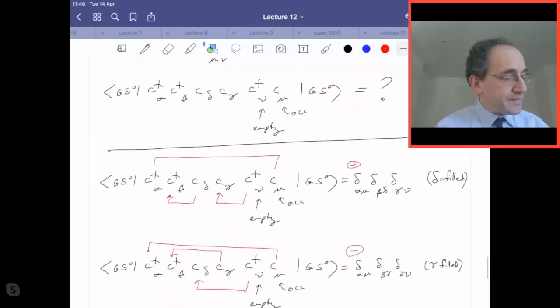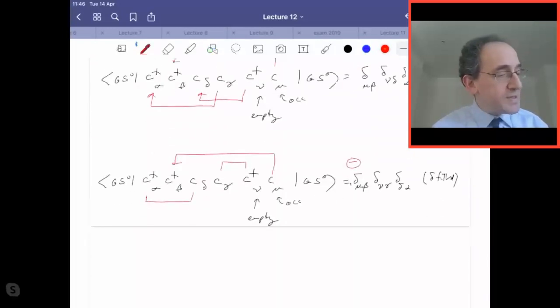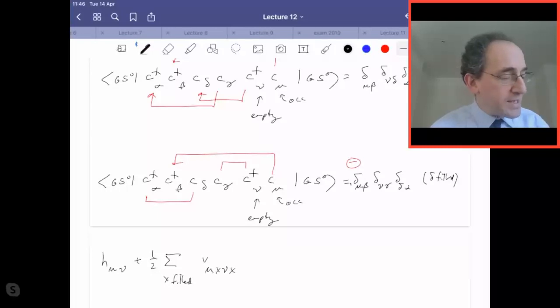And that condition then becomes the following: h mu nu plus 1/2 sum over, let's call it sum over x filled, of v mu x nu x minus v mu xx nu plus v x mu x nu minus v x mu nu x.